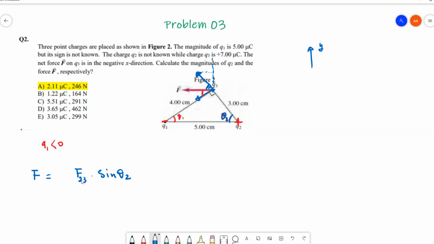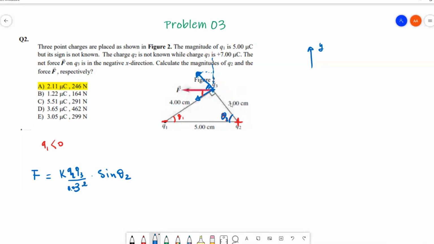Okay, and the force between 2 and 3, we know it is, I will work with the amplitudes, Q2, Q3, K over the distance 0.03 square.